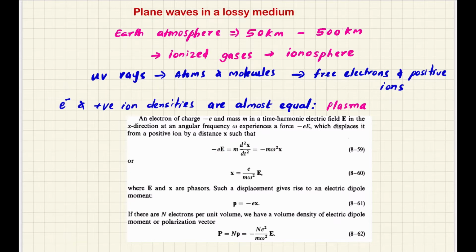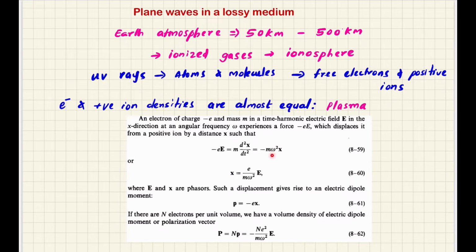Now, this force can be written in terms of Newton's law, which is m d square x by dt square. And if you use the phasor notation, you can introduce a phasor for the displacement of the electron.